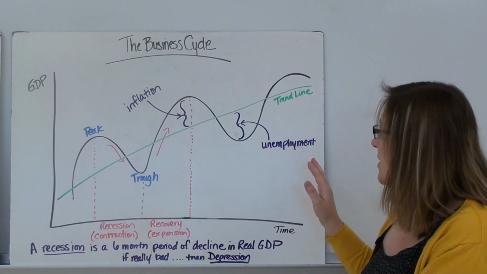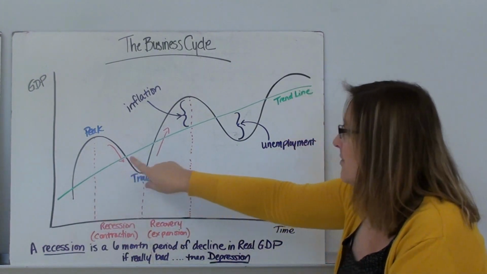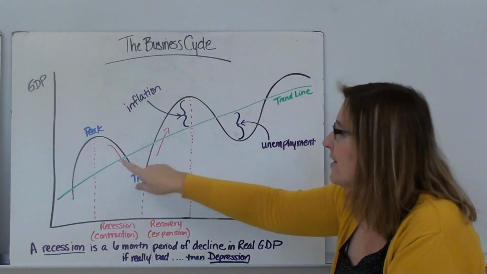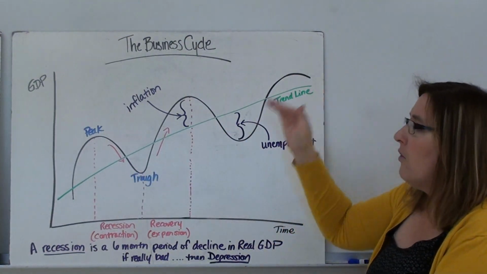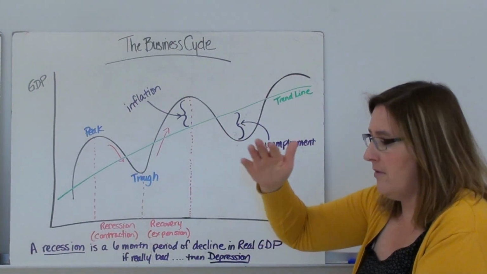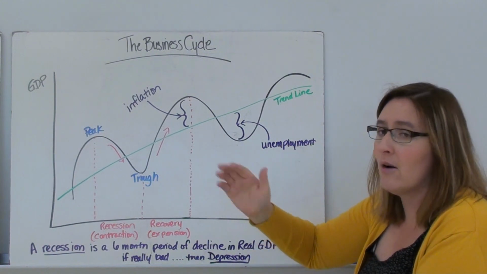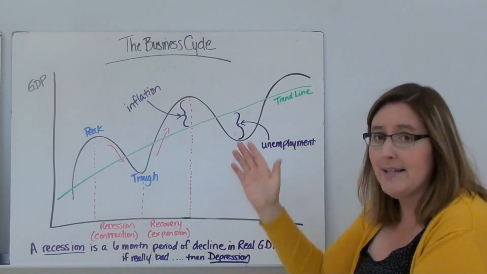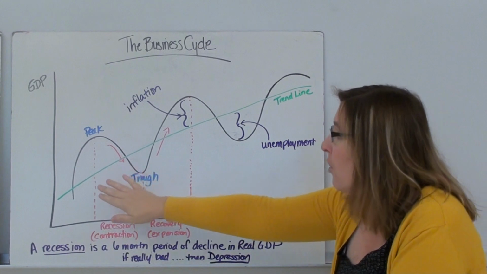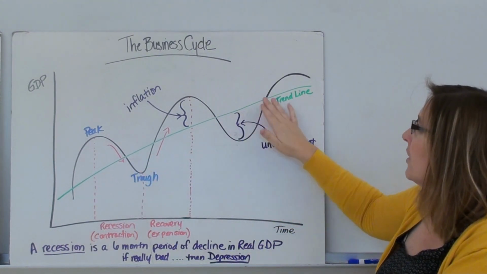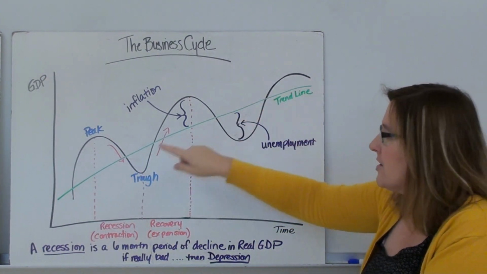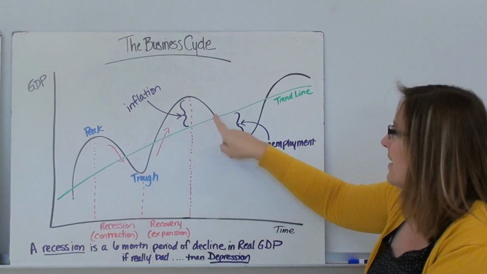A couple other things you need to know. This green line coming through, we call that the trend line. Over time, we know from 100 years ago to now, we have grown. We've gone up and down throughout that time, but over time, totally, we are continuing to grow. So that growth trend line is this line going through the middle.